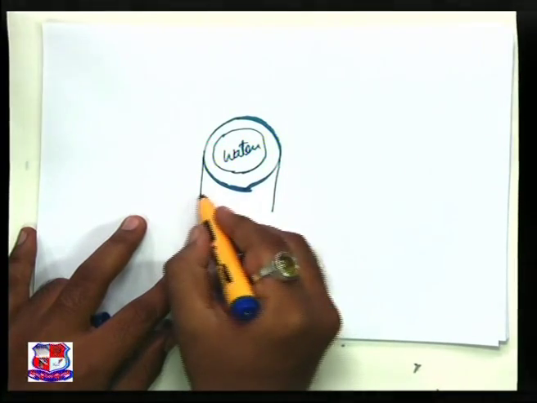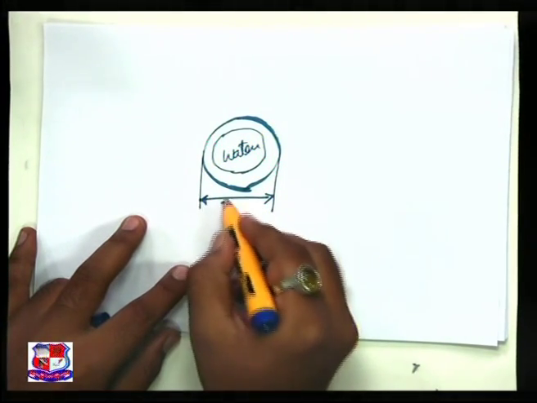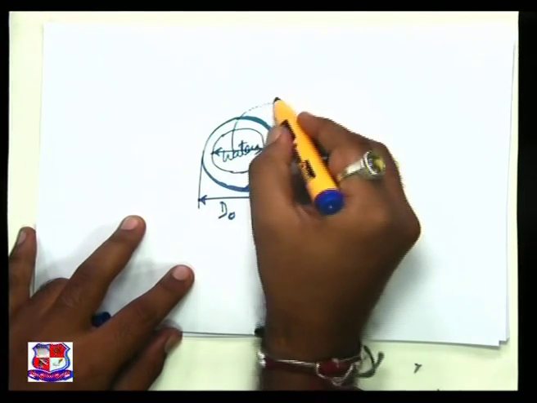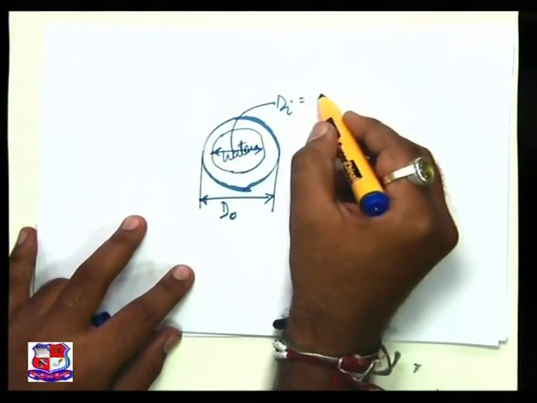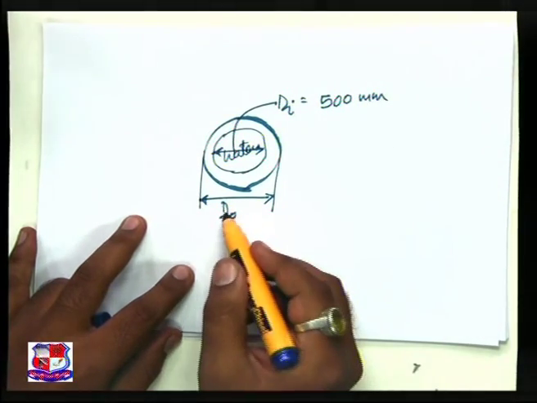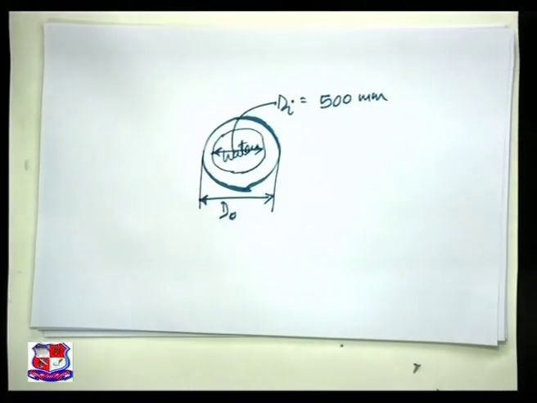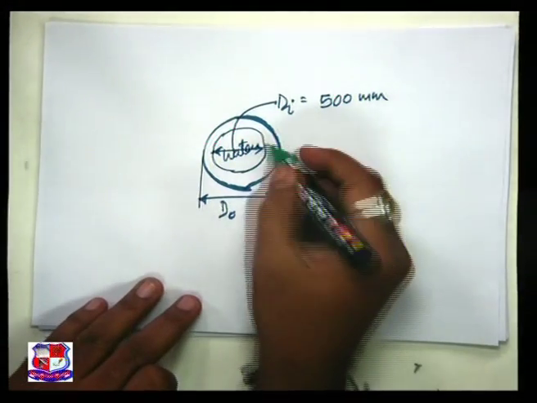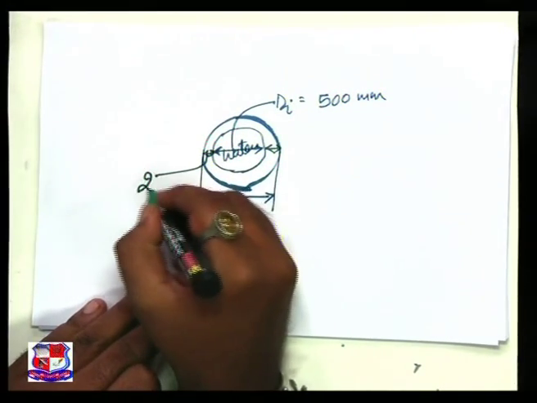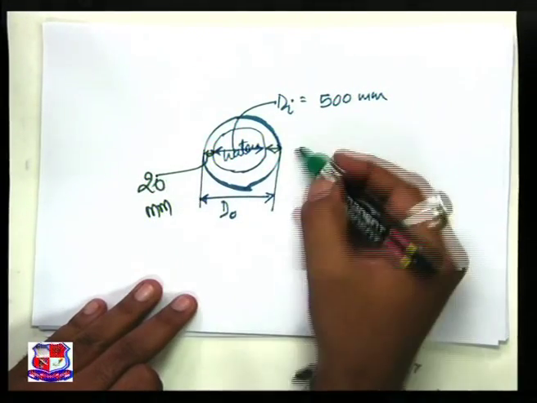This is the outer dia which is not directly given to us, but yes, it has been stated that internal dia is equal to 500 mm and the thickness which has been given to us is 20 mm.